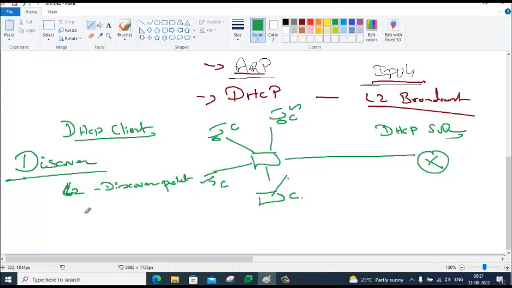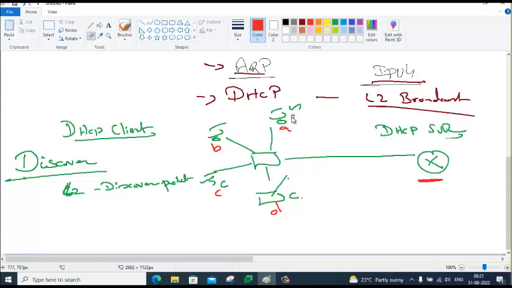So the layer 2 discover packet is sent. Now, if computer A is sending that, not only does it go to the server, it goes to everyone. It goes to C, B and D. It goes to everyone because it's a layer 2 broadcast.